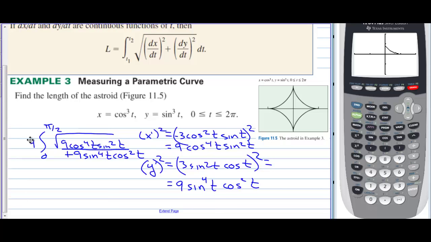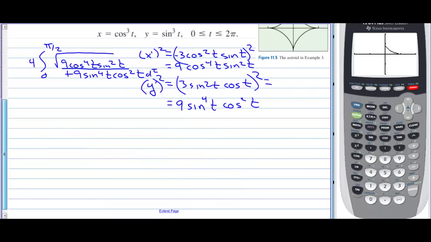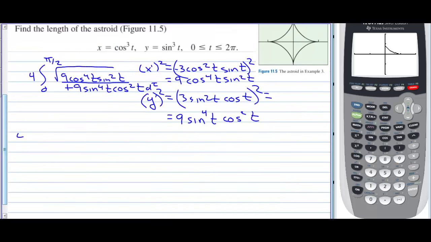Now it's hard to see because I ran out of room here, but I can factor out a sine squared out of both and a cosine squared out of both, and I can factor a 9 out of there. So let's go down here where we have some room. We have 4 integral from 0 to pi over 2 of the square root of, I can factor a 9 out, a sine squared out, and a cosine squared out.